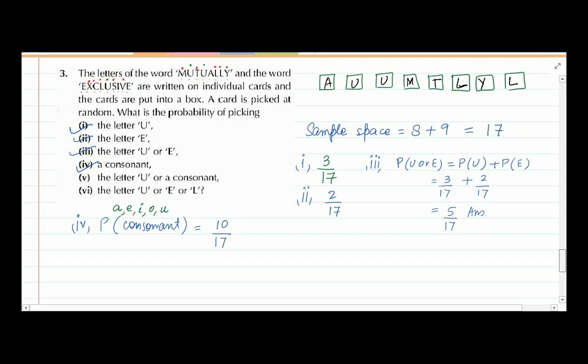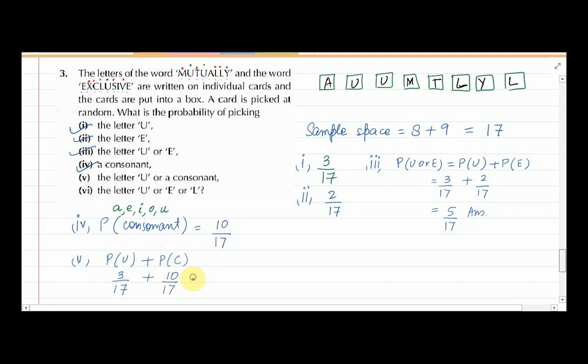For fifth part, the letter U or consonant, that means probability of U plus probability of consonant. So the probability of U, that means the first part answer, it's 3 divided by 17 plus probability of consonant, we have found in part 4, it's 10 divided by 17.